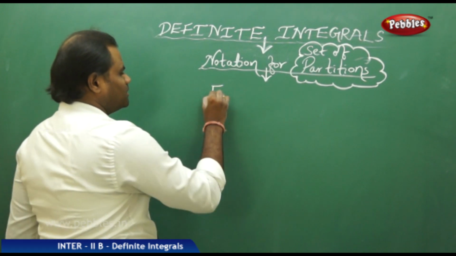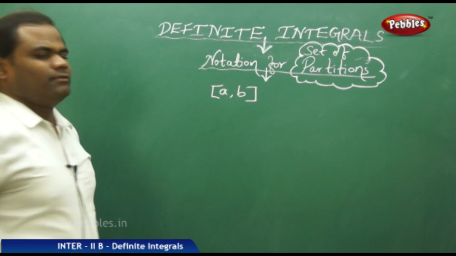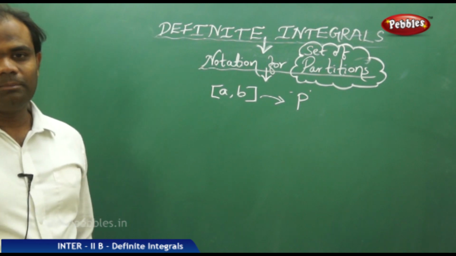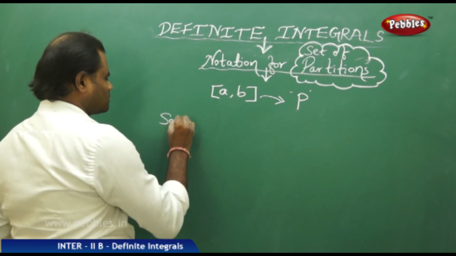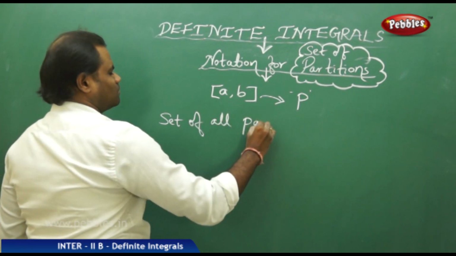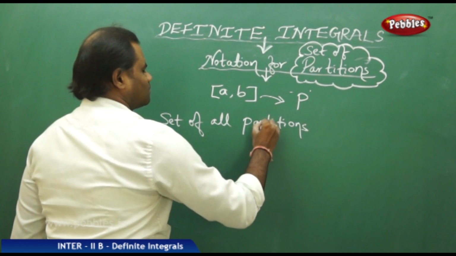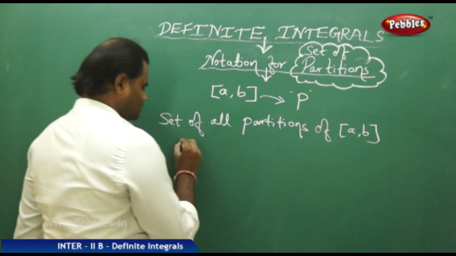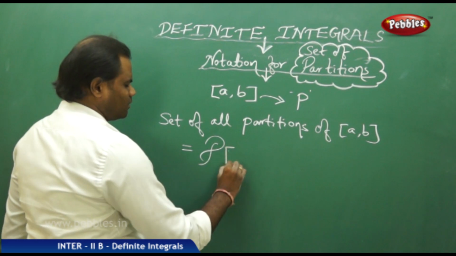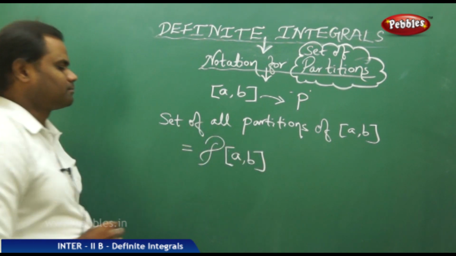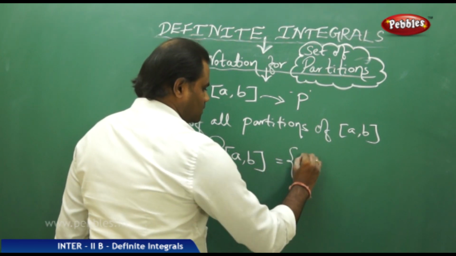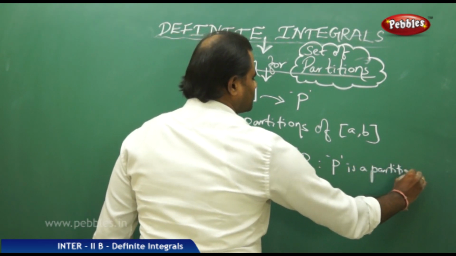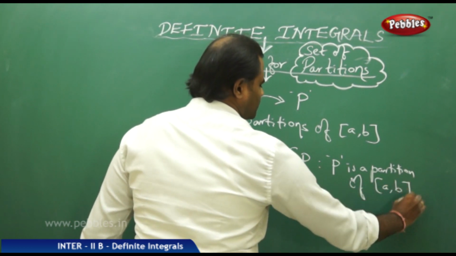Now for the interval AB, we have various types of partitions which are denoted with P. So the set of all partitions of AB is denoted by P of AB, and it is defined as the set of P such that P is a partition of AB.